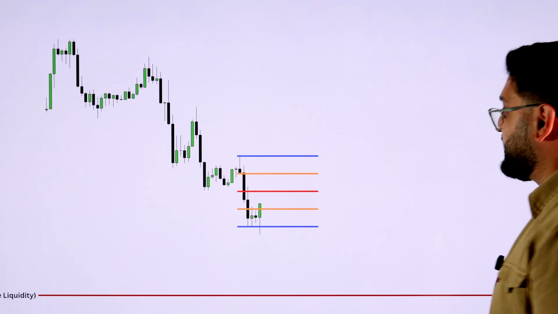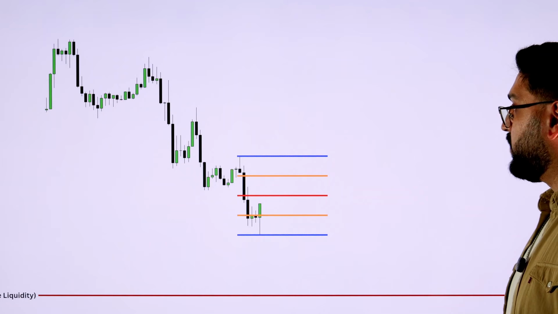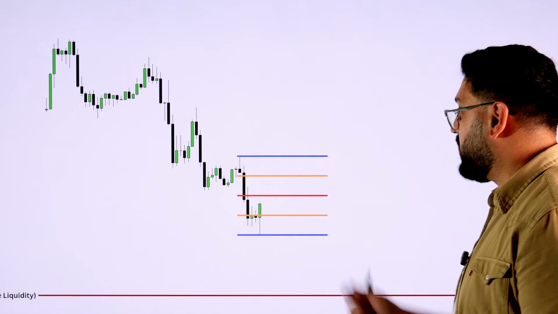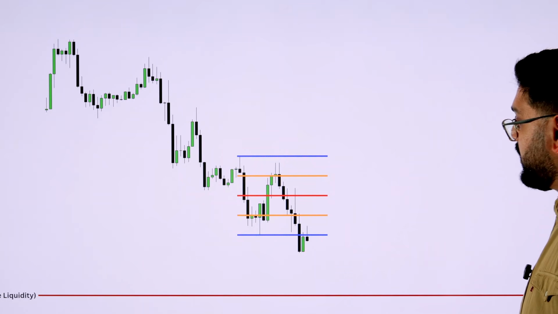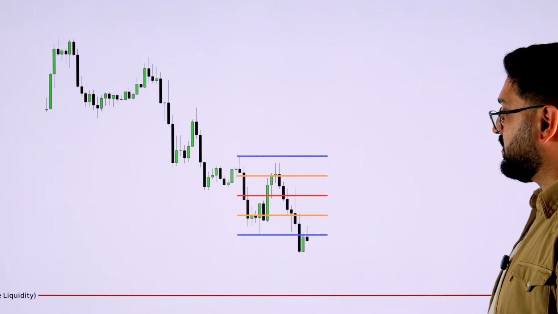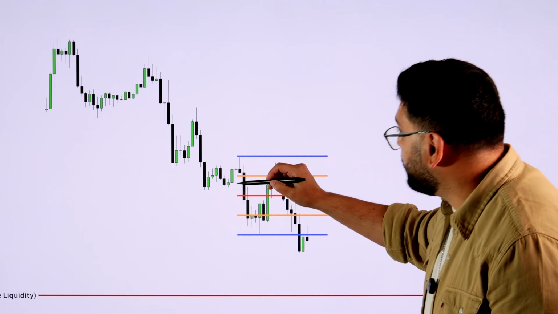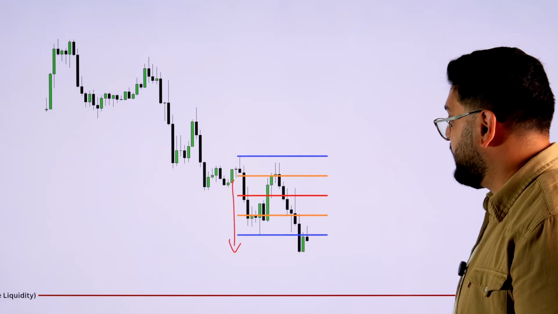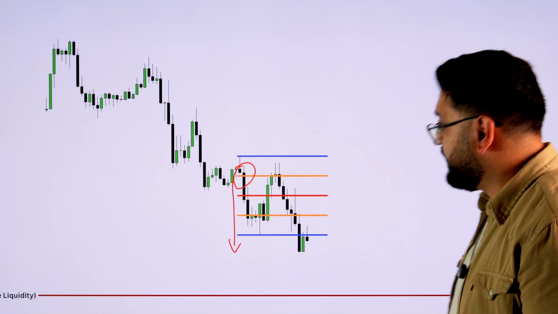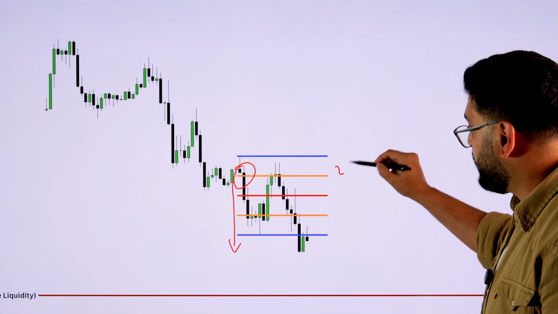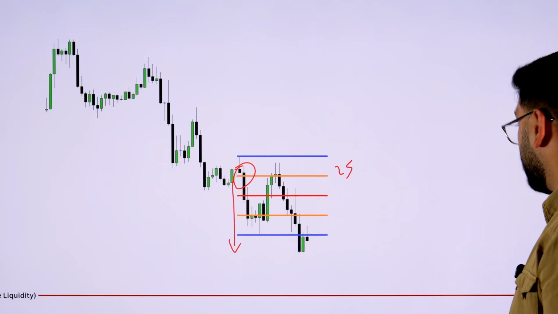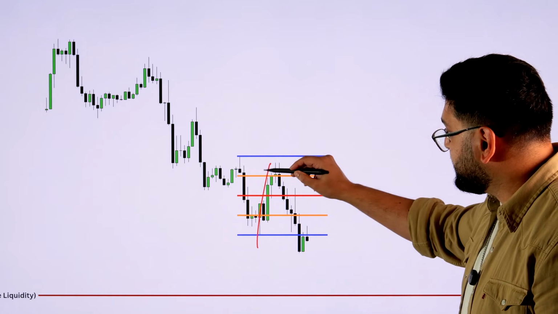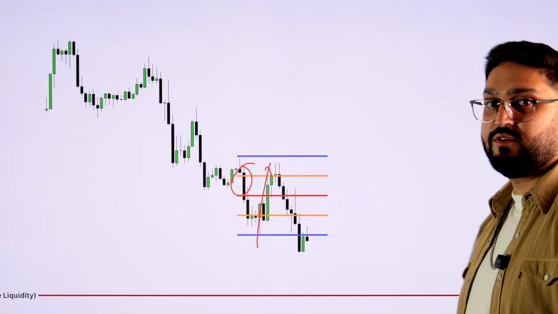Well, we just extend the dealing range low. We keep that same high. And then what happens here? The market really reprices higher since we had all this movement to the downside, leaving an inefficiency at that 25 DRT level. The market then reprices higher and fills in that inefficiency.